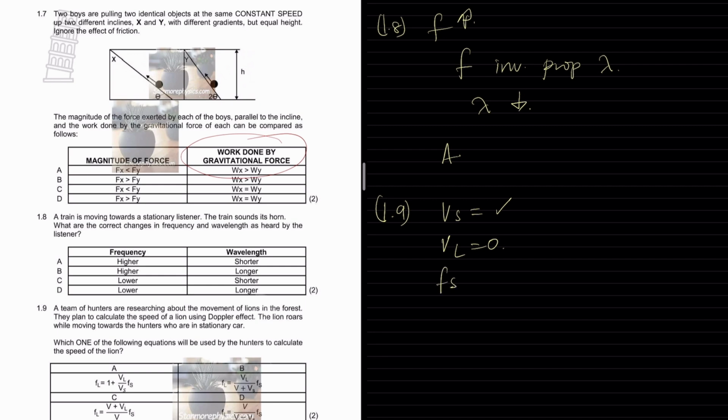And there is a frequency of the source. So which of the following equations will be used by the hunters to calculate the speed of the lion? So we'll use the equation FL is equal to, since the lion is approaching the listener, it's going to be V over V minus Vs times Fs. And the answer is going to be D.